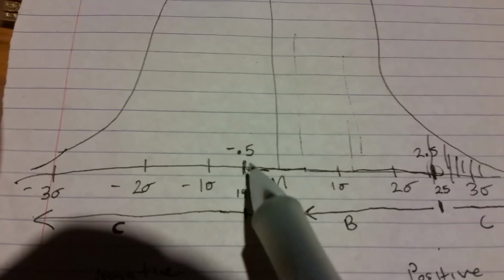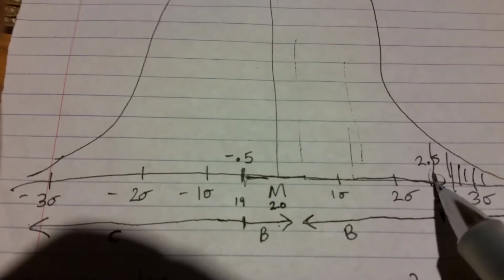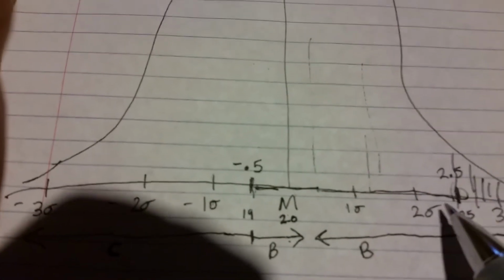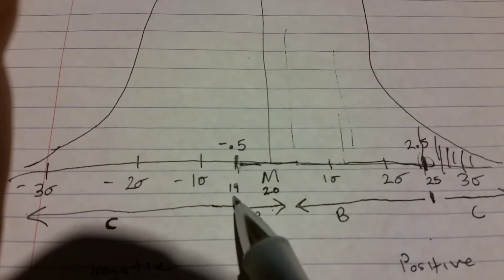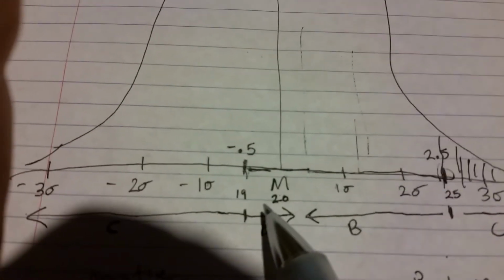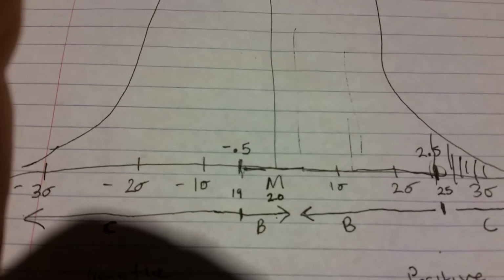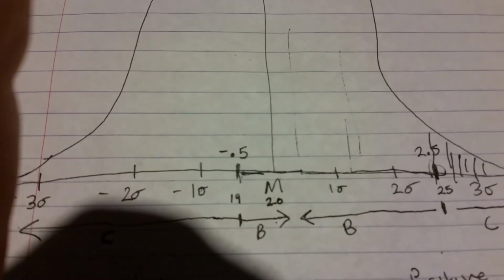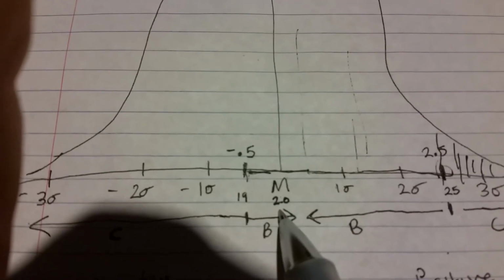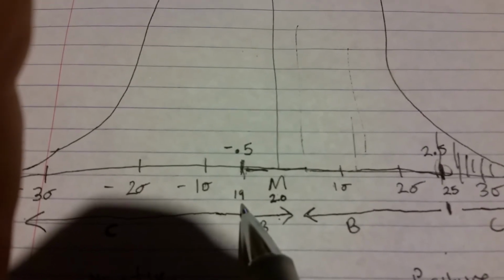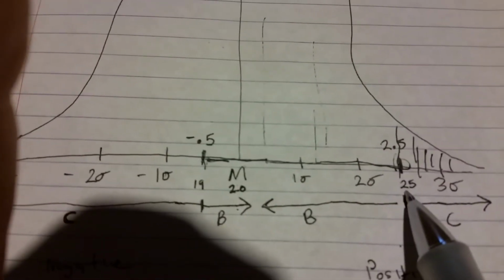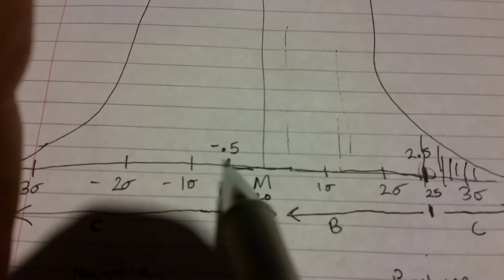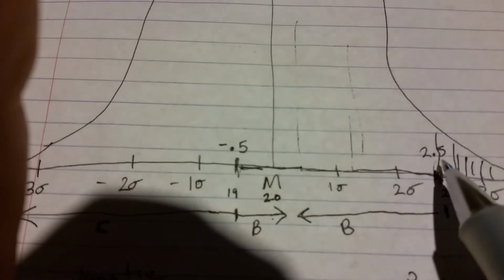This whole area from negative 0.5 to the z-score of 2.5. As you can see, I've just plugged in the real observed numbers so you can see as I place the actual population parameters on the normal distribution. Here's our mean of 20. Here is our score of 19. And here's our score of 25. So this is the area that we are concerned with, the negative 0.5 to 2.5.